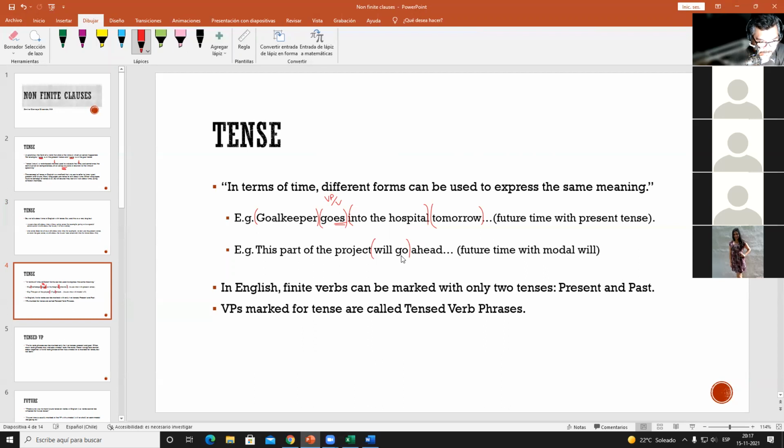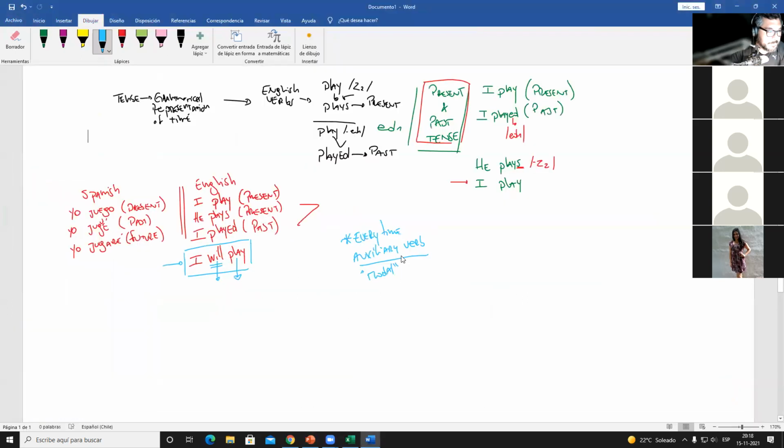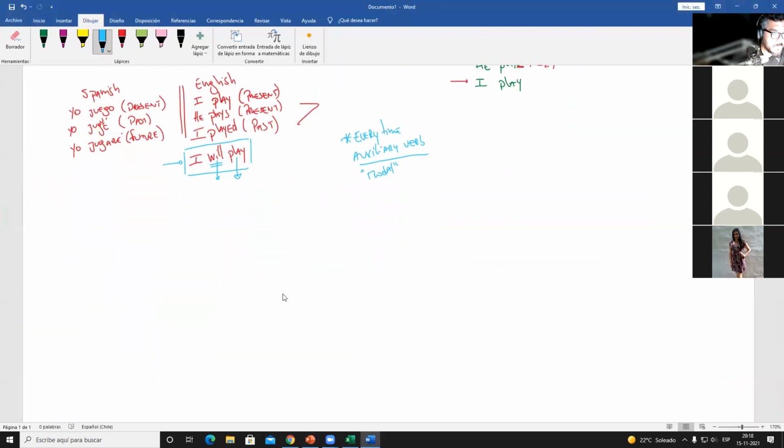In English, finite verbs can be marked with only two tenses, present and past. Okay. Therefore, as we already discussed, verbs in English can take tense, right?